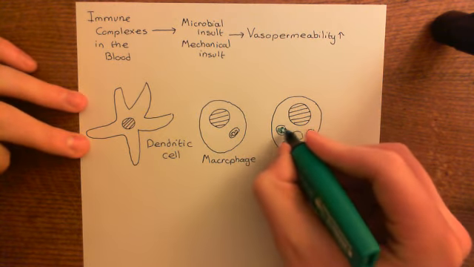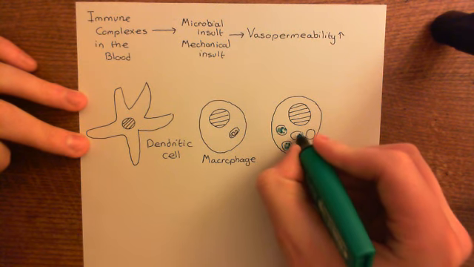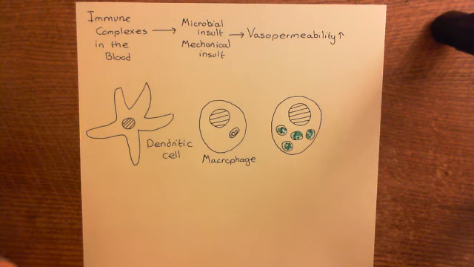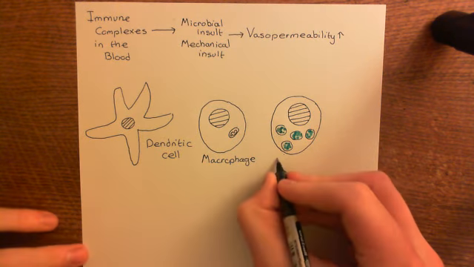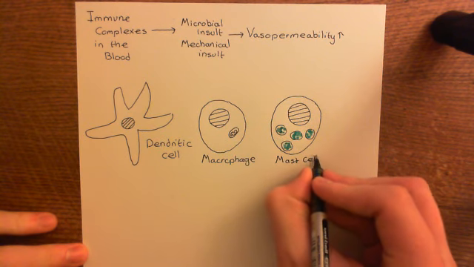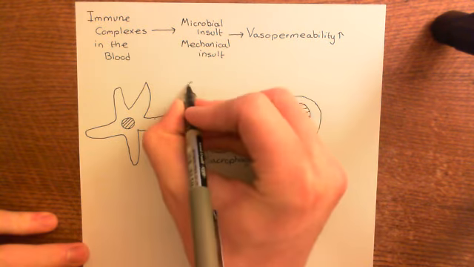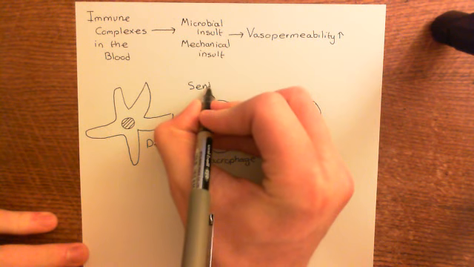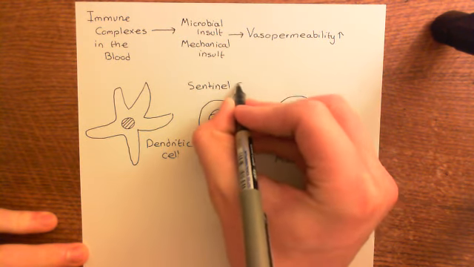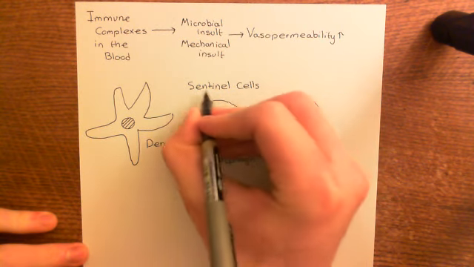So this is histamine in these vesicles, and these are called histamine granules because they're full of histamine. Okay, so here is the mast cell. So these three cells are what are known as the sentinel cells. They stand and watch and wait for pathogens, and if they see pathogens, they will launch an acute inflammatory response. They'll send out alarm signals, basically.